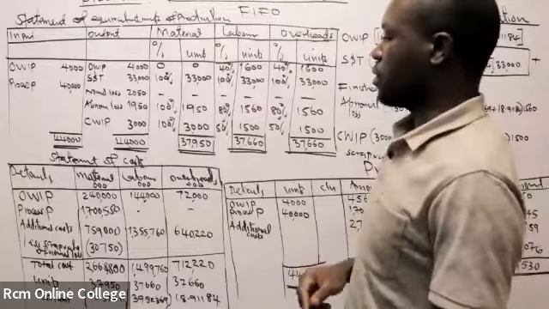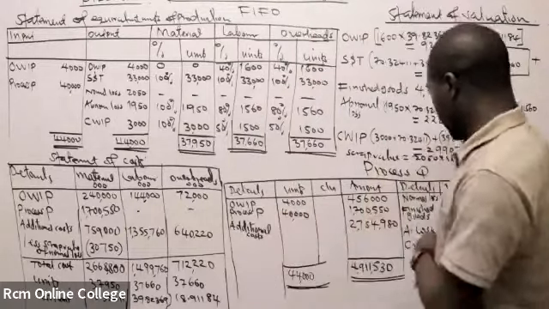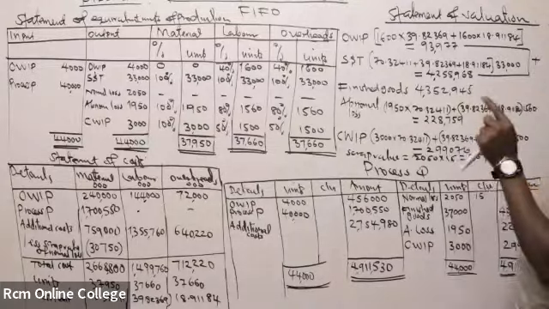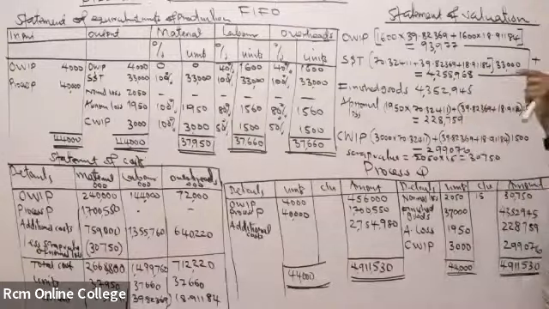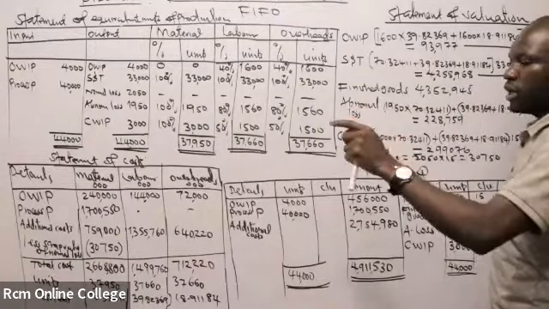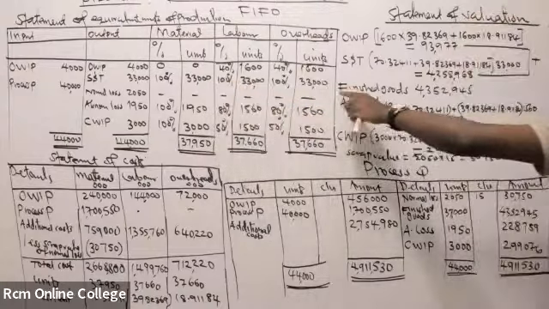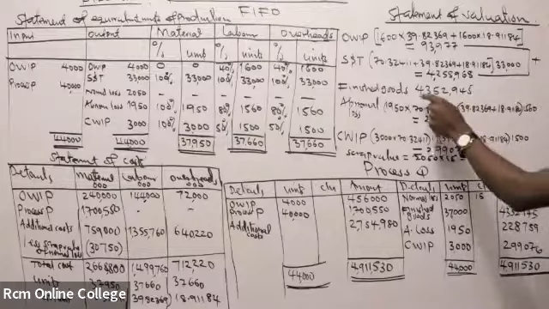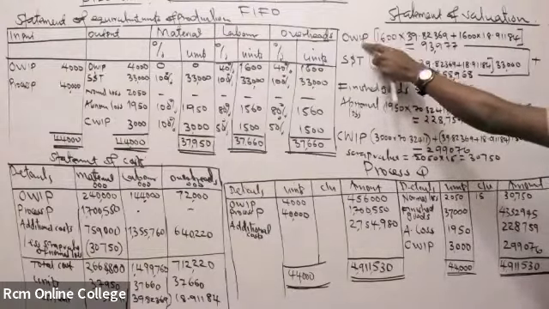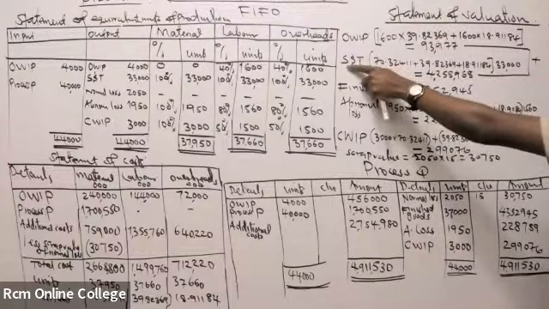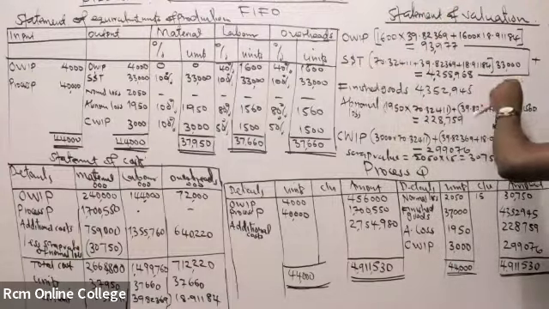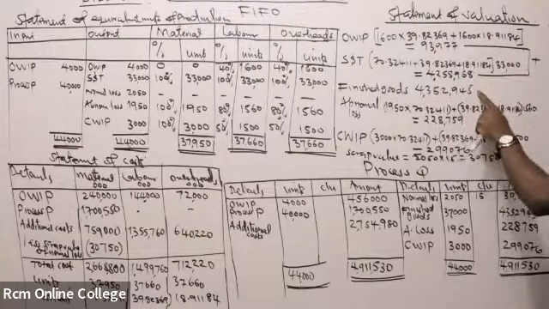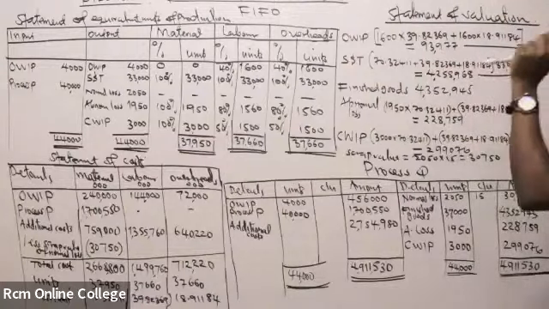Because of that rule, we now know that out of the 37,000 units, the remaining 33,000 represents what was brought in, the fresh raw material, which was converted to finished goods. As we do the valuation of finished goods, you value the opening work in progress separately. You value what was started and transferred separately. When you add the two, it gives you the finished goods value. All in the power of the FIFO method.